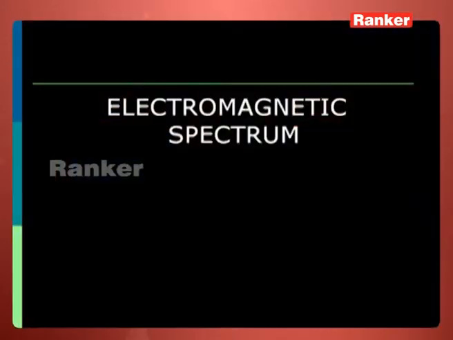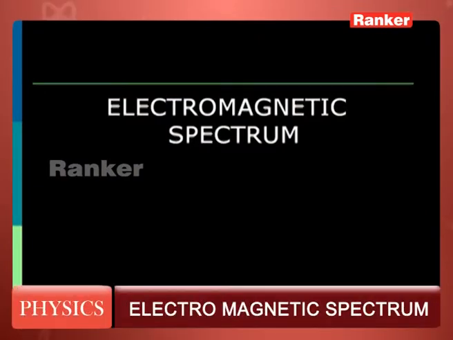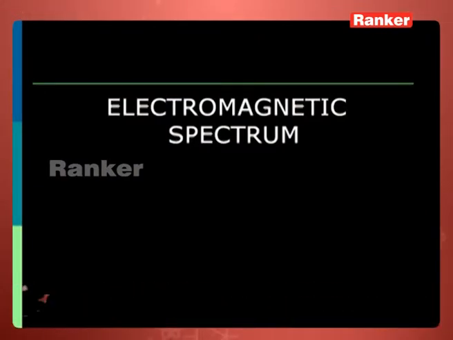So now let us see the electromagnetic spectrum. We have seen the electromagnetic fields are formed when the electric charges accelerate or decelerate, whenever there is a time varying electric field or time varying magnetic field, then electromagnetic waves are formed.